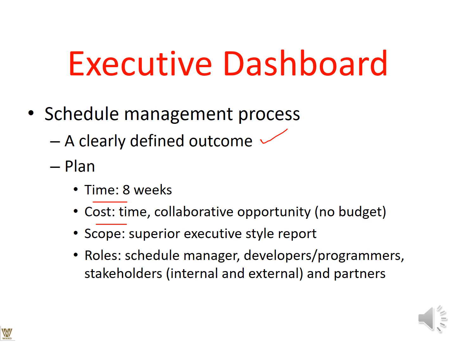The scope covers how well the superior executives are versed with software facilities, what platform is going to be used, and the roles of the schedule managers, developers, programmers, and stakeholders, both internal and external. So we have brought it down into a time factor, cost factor, scope factor, and thereby incorporated the team members: schedule managers, programmers, software developers, software coders, stakeholders, and so on.